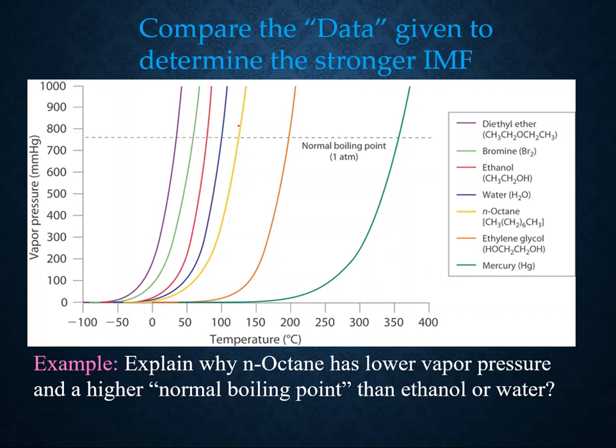So if we're comparing here, looking at the normal boiling points, that's where they would be on the graph. We know the vapor pressure is lower at the different temperatures based off of the vapor pressure curve. So octane versus water versus ethanol.